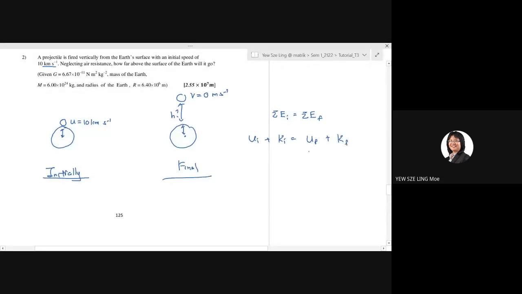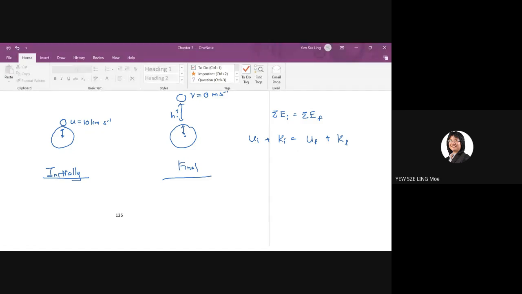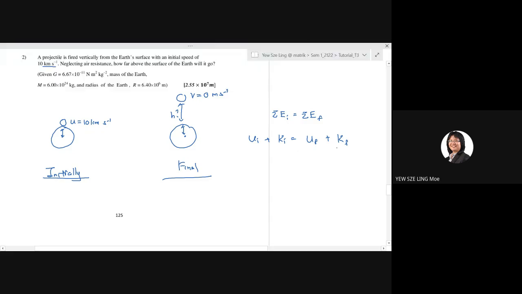I'm going to leave U as an unknown first. K initial, I have 10 km per second, so it's a non-zero value. But K final should be equal to 0, because your v is equal to 0. So we're left with U initial plus K initial equals U final.